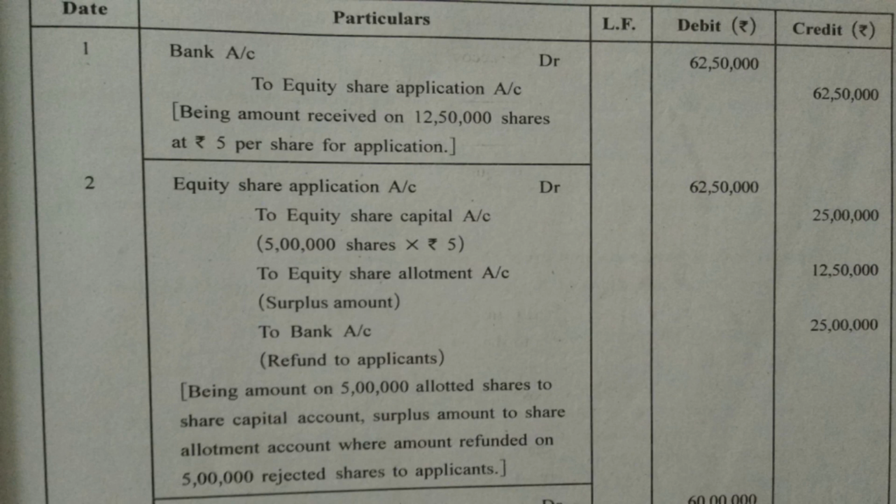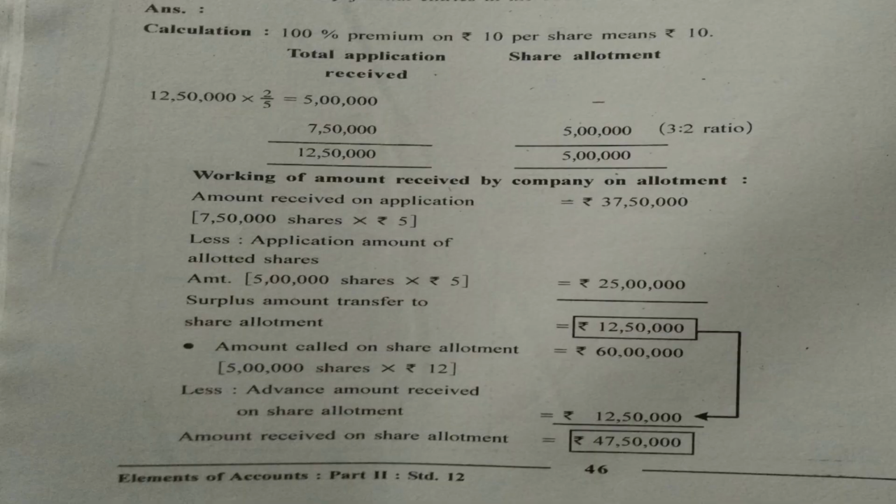The company has issued 5 lakh equity shares. The company has received applications for 12 lakh 50,000 shares, out of which 2/5 has been rejected. So 5 lakh rejected, and the remaining 7 lakh 50,000 has been accepted. Out of 7 lakh 50,000, 5 lakh is to be allotted obviously because 5 lakh has been issued.